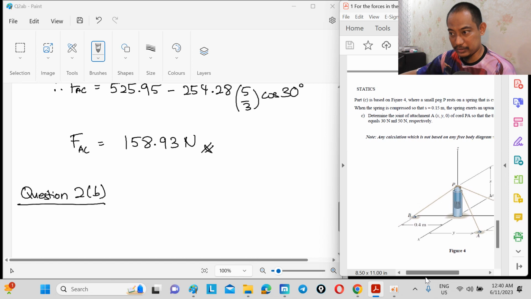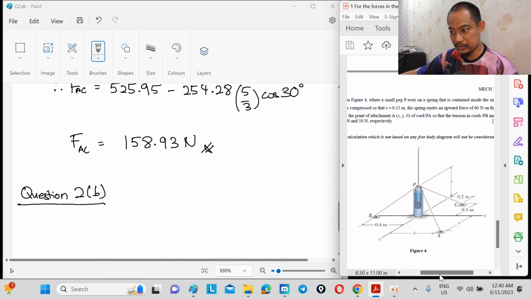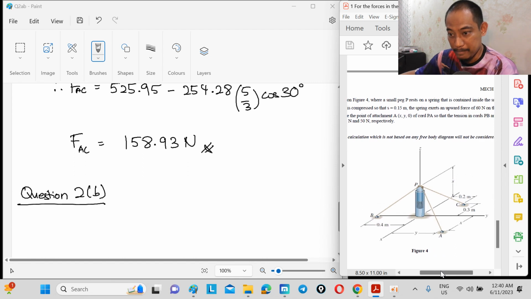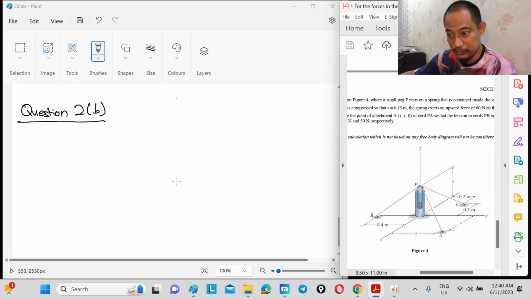So that's my way of thinking, because I don't want to dwell too much on this question 2B, even though it's just a logical question, but I want to try to secure as many marks as possible, so I'll shift here.